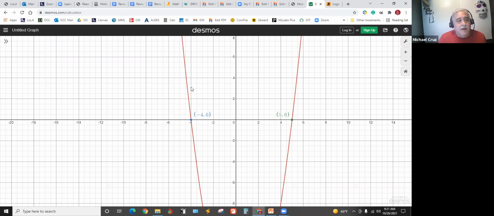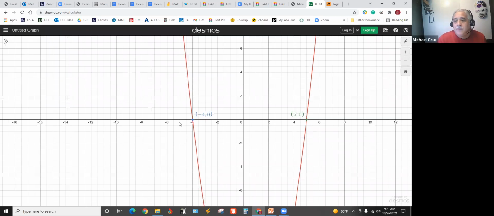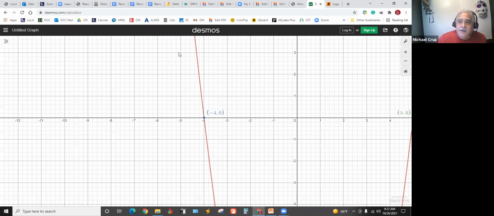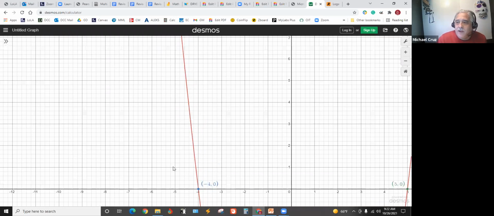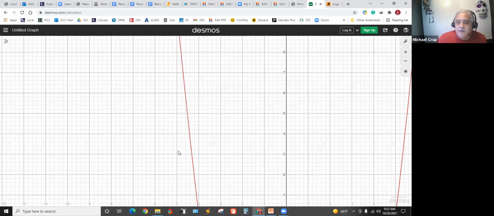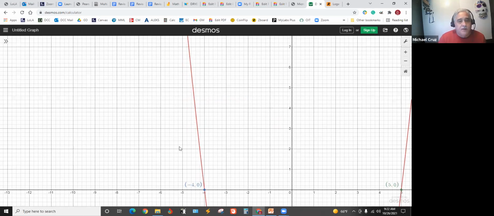Well, when we tested that point, what was it? Was it -5? We tested right here, and I think we came out with 10. So that was correct. Because it was positive, it means that part of the graph is above the x-axis.